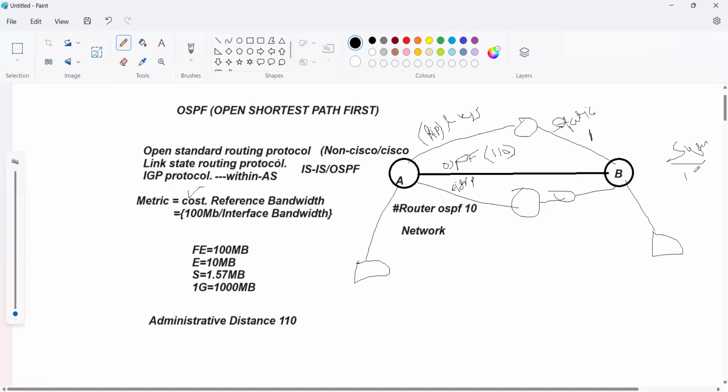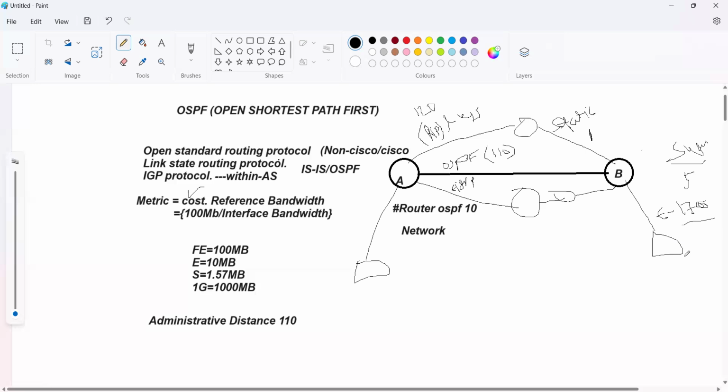And 170 is for external routes, meaning whenever we configure redistributed routes, that AD value will be 170. For RIP, it is 120. Then what about EIGRP? It is 90.